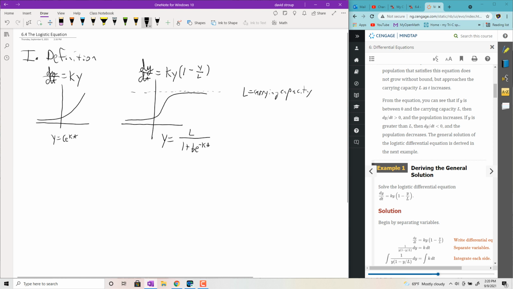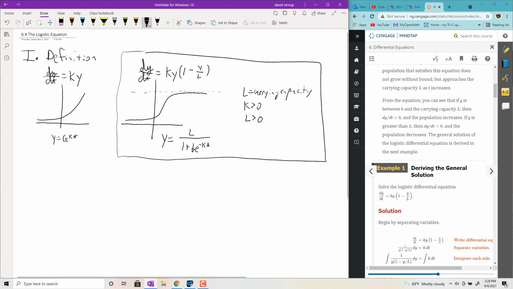And the k value will be greater than 0, and L is also greater than 0. Okay, so this is our information for today, and the other one was what we saw in the previous section.